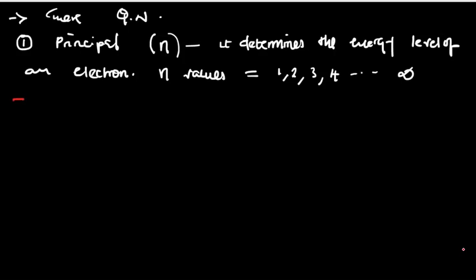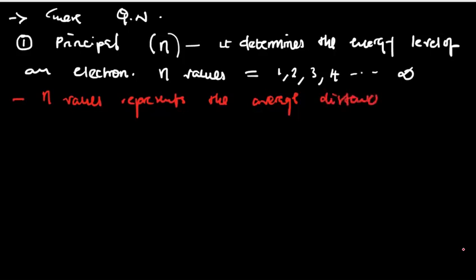So what we mean is that the n value represents the average distance of an electron from the nucleus.